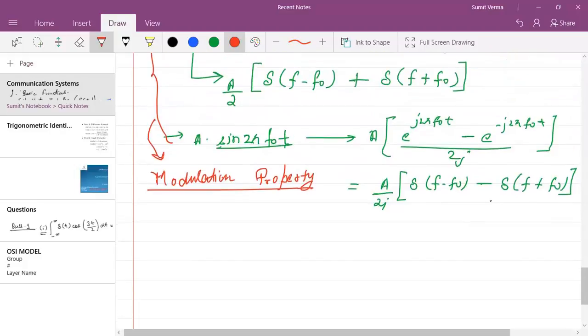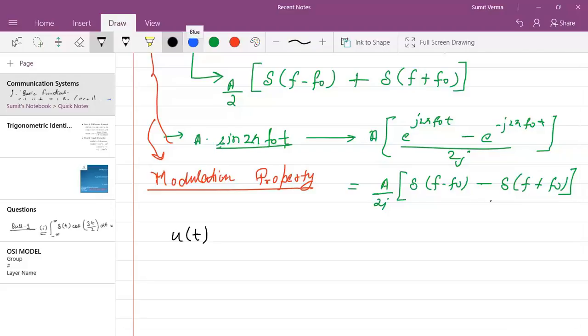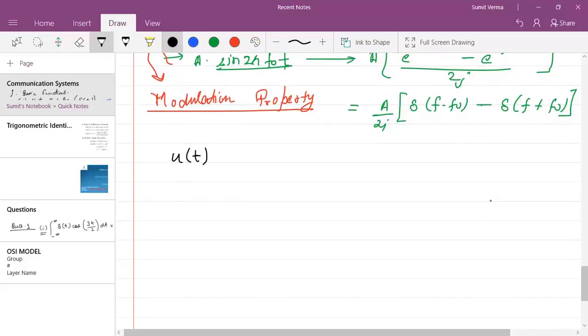Another basic function that we saw was the unit step function, that is u of t. So let's define the Fourier transform for this as well. Before that, I would also like to introduce another function, which is signum of t.